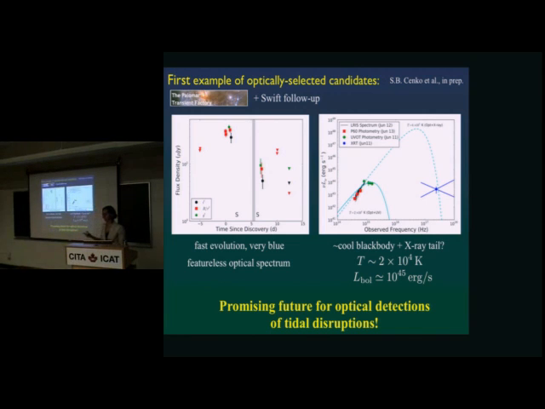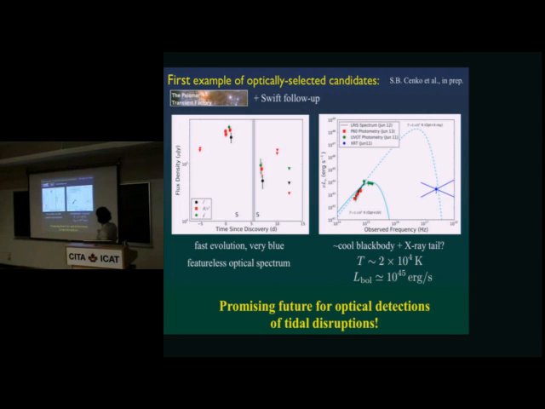This is a really fast evolution for a transient, which tells you that it's probably not a supernova, for example. The color is very blue, and it shows a featureless optical spectrum. They triggered Swift on the event, so they also have X-ray data and some far-UV data.